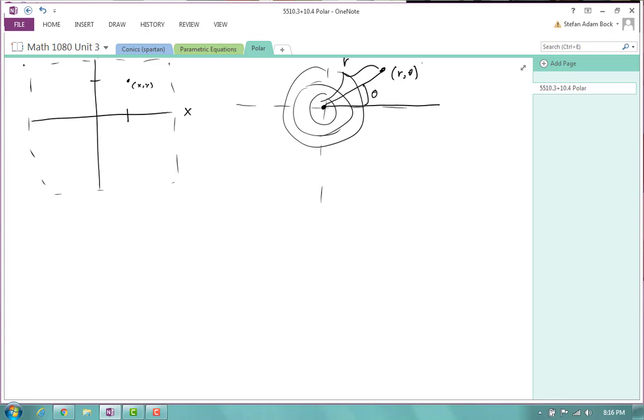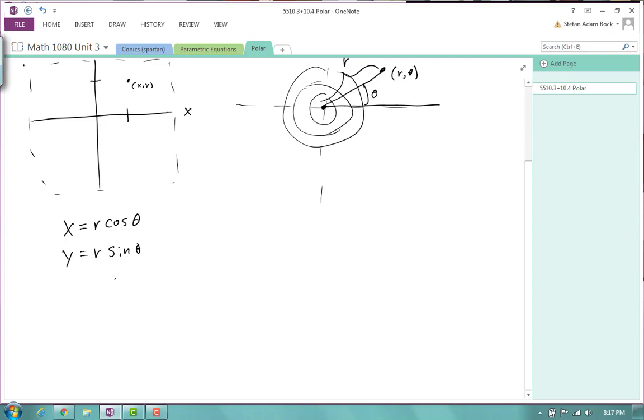Now, it's fairly easy to translate between these two coordinate systems because the polar coordinate system basically works on circles of radius r, and I can find coordinates in the Cartesian plane on a circle of radius r simply by using sine and cosine. So we have x is equal to r cosine of theta, and y is equal to r sine of theta. So if I know my polar coordinate, I can easily change to a Cartesian coordinate.